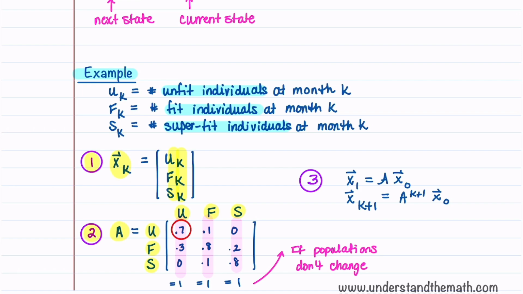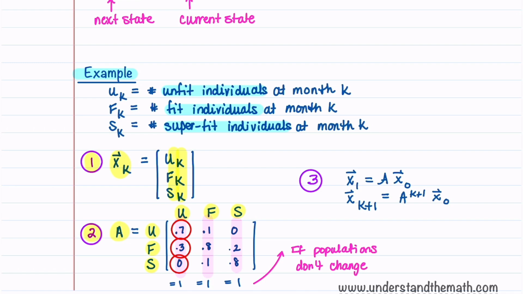We were told in this problem that 70% of individuals that are unfit remain unfit. So we put a 0.7 there. We were then told that 30% of unfit individuals become fit, so we put a 0.3 there. And then we were also told that you can't go from unfit all the way to superfit, so that's going to be a 0. The same thing happens when you fill up the other two columns.